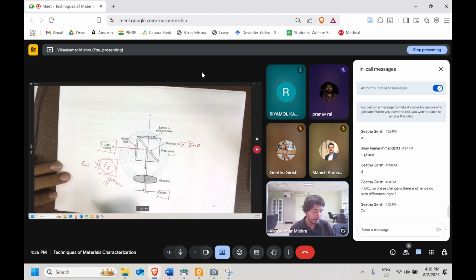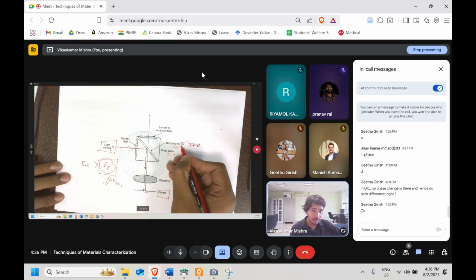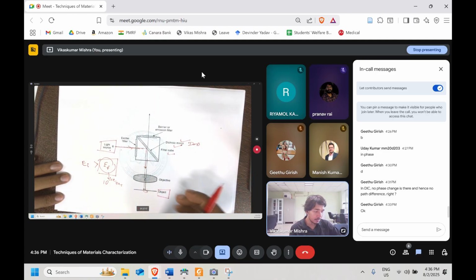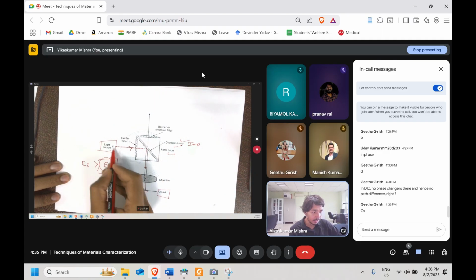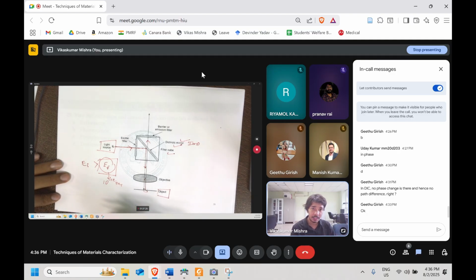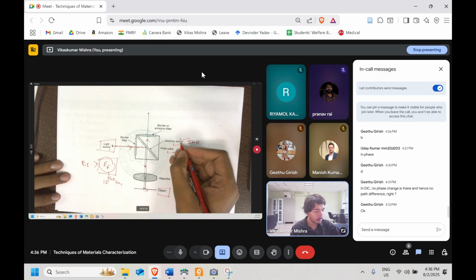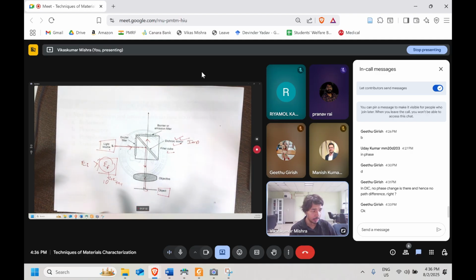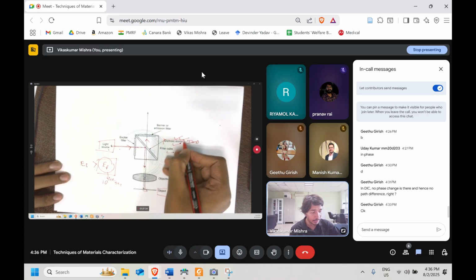The emission now goes back along the same path. The dichroic mirror does the magic in such a way that it reflects the incident light, while it transmits the emitted light. This is the way it has been designed, so this is one of the most important parts.